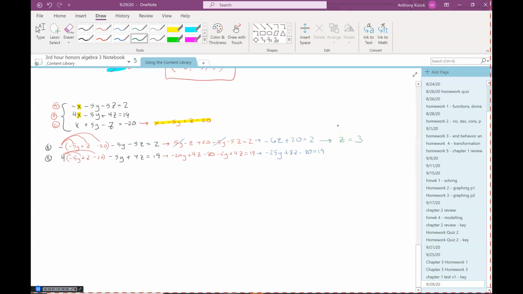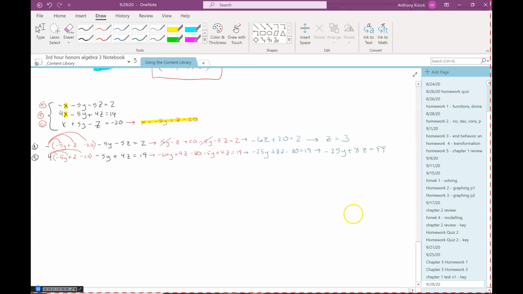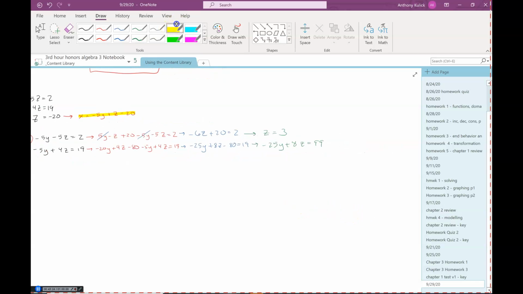Here, if I add 80 to both sides, and then I plug in 3 for z, if I subtract 24 from both sides and then divide by negative 25, I get that y is equal to negative 3.